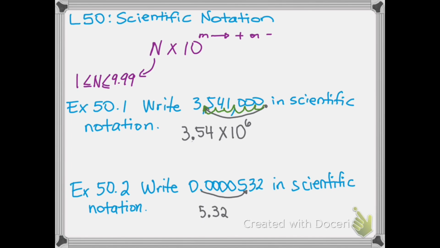So the number that I want is 5.32. So then we count how many times did I move, and I moved 1, 2, 3, 4, 5 times. And in this case is negative 5, because as we said before, this number is less than 1, so the exponent has to be negative.